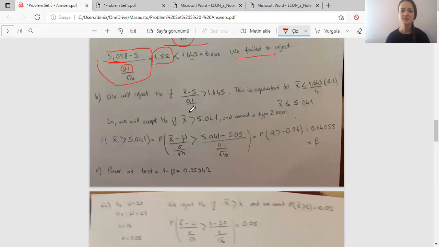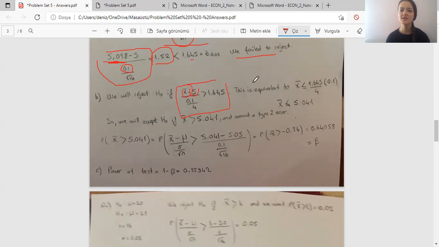So in this decision criteria, we will reject H0 if x bar minus the mean over the standard deviation of the sample mean is greater than 1.645, okay? And we can write it in a different way, like we are trying to leave the x bar alone here.